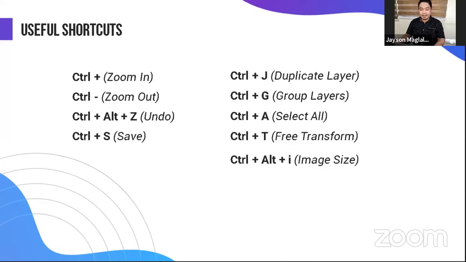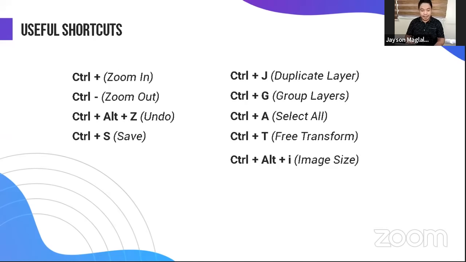Next are the useful shortcuts that we will be using later on when I'm discussing in Photoshop. If you have your phones, you can take screenshots, or you can also take note of some of these shortcuts. As I go along with my discussion, you can simply get familiar with these shortcuts.